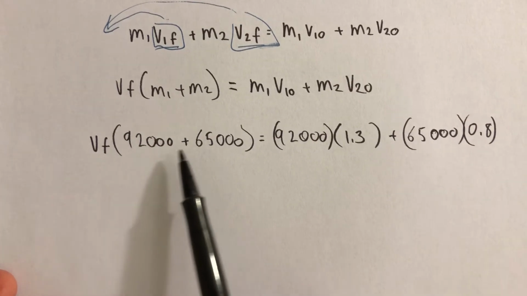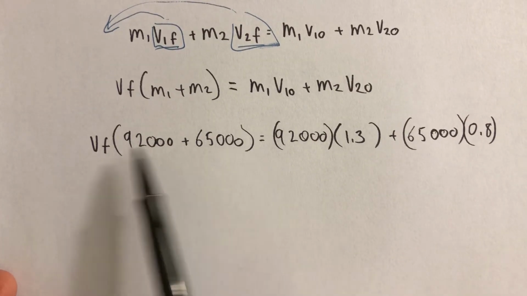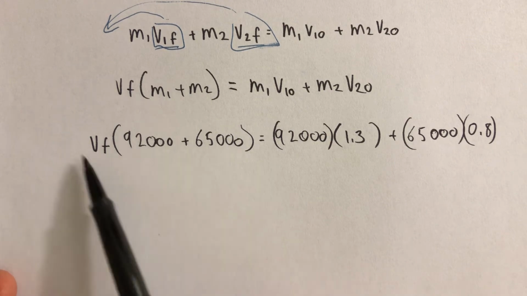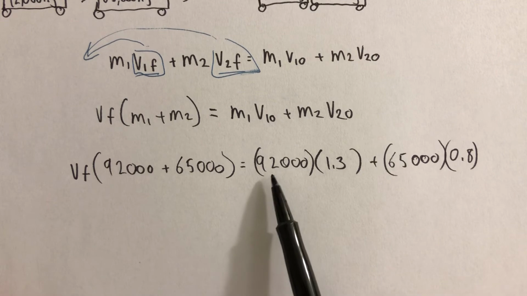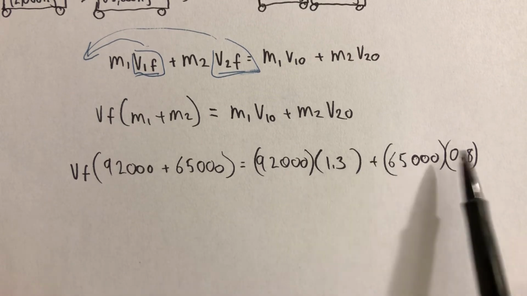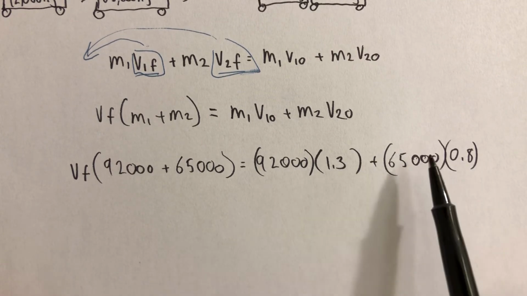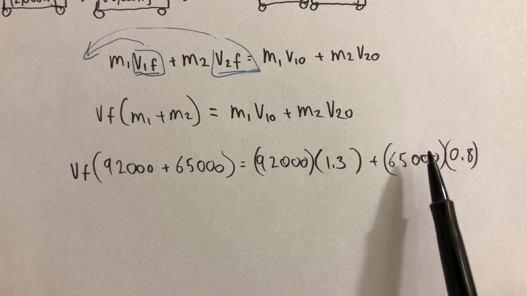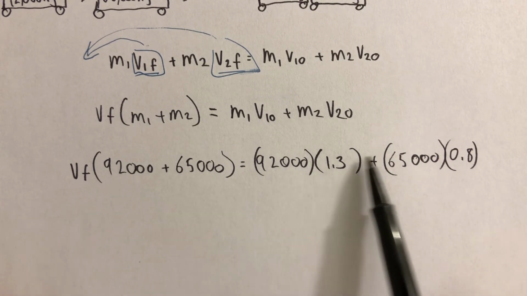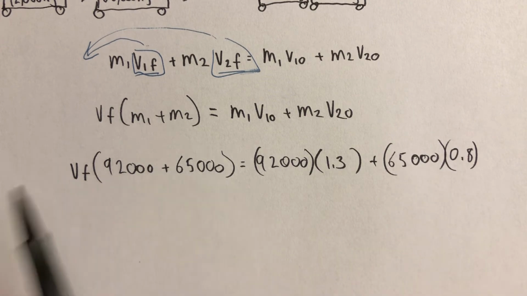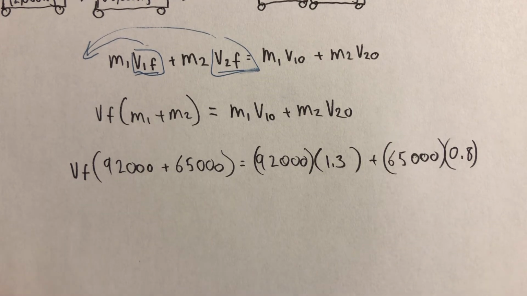And this term altogether represents the final momentum of the whole system afterwards. And what's more, adding these two together gets you the total momentum of the system before the collision. And that shows that they're the same. So our total momentum before is the same as our total momentum after. Pretty cool.